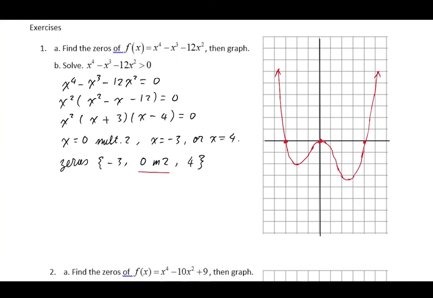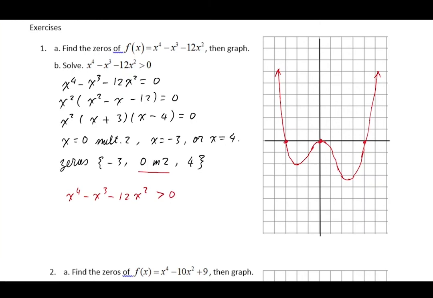Now then we can do the inequality. So the inequality of this is x to the fourth minus x cubed minus 12x squared needs to be positive.